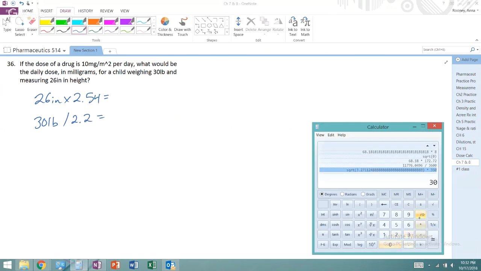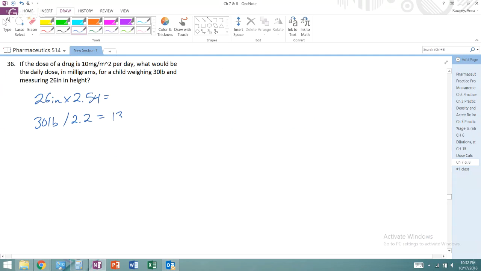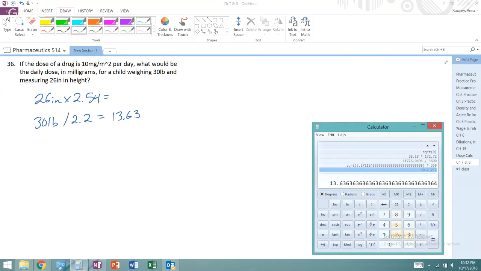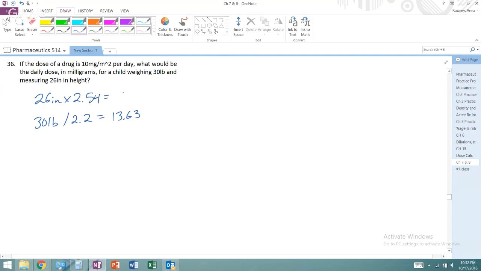So 13.63, and then 26 times 2.54, 66.04 centimeters. And this is kilograms. Remember to label things. This is going to get hairy.